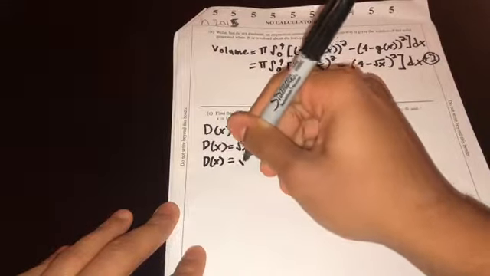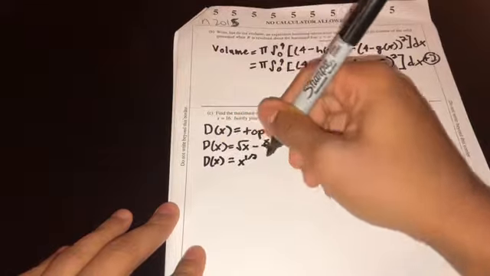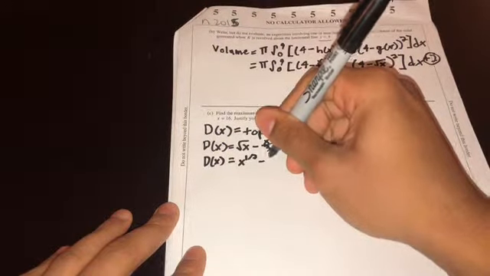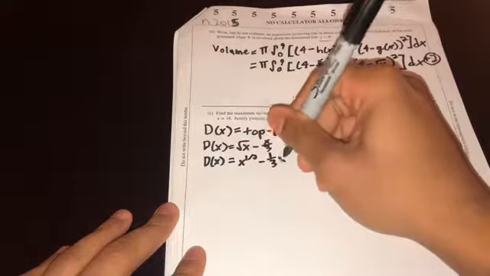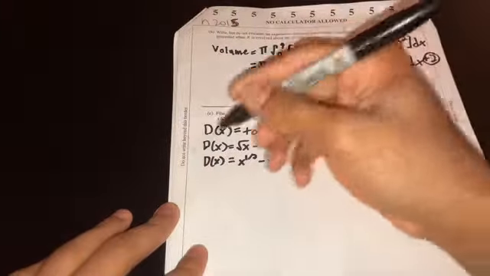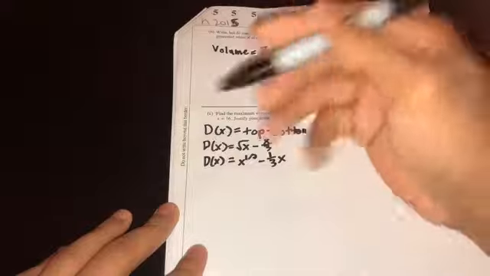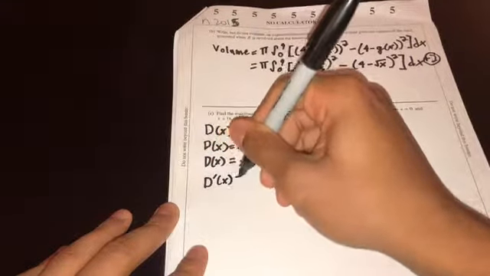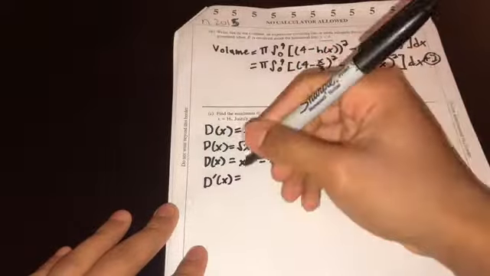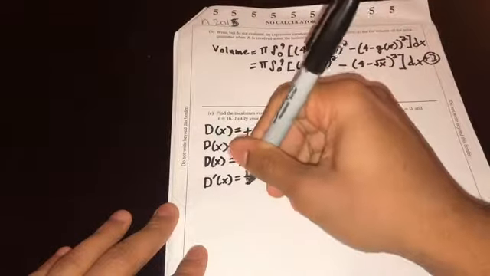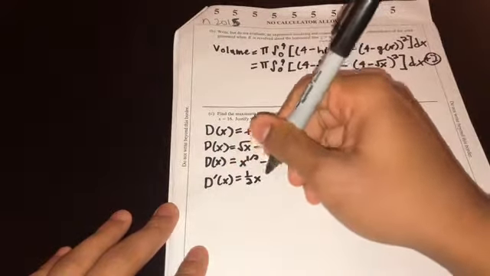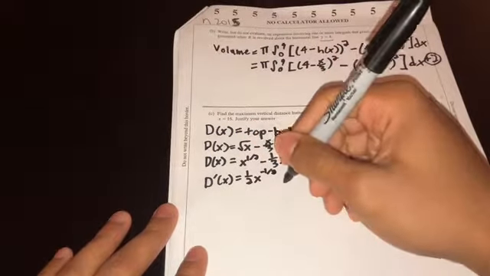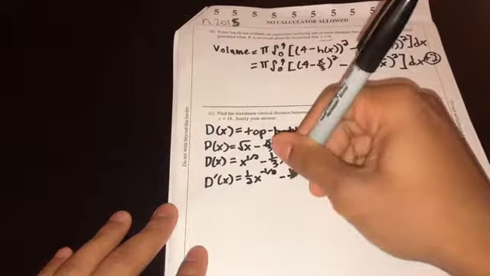So I wrote x to the 1/2 minus 1/3 of x. So now you need to find the derivative of dx, and that derivative will be 1/2 x to the negative 1/2 power minus 1 over 3.